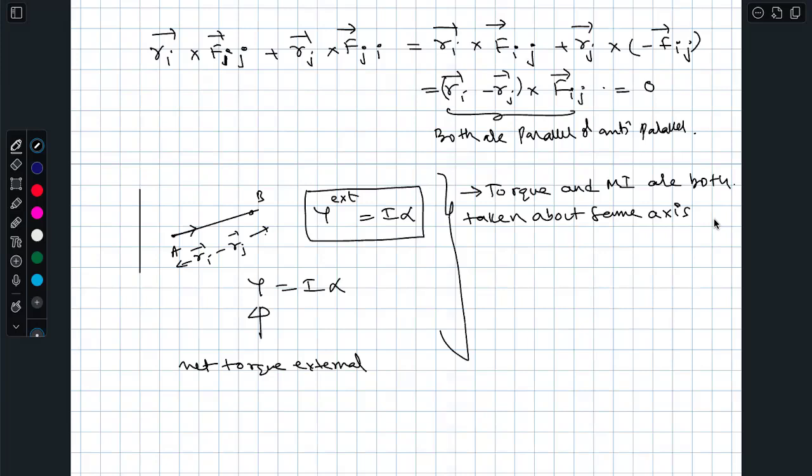Now tau is equal to I alpha is similar to F is equal to ma.